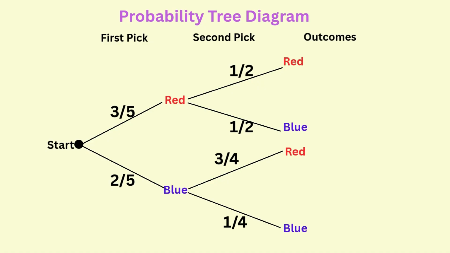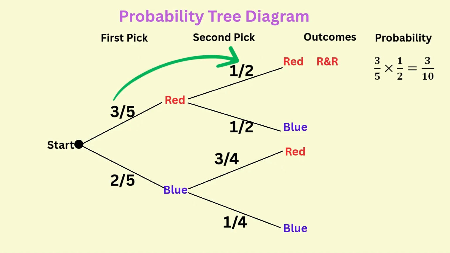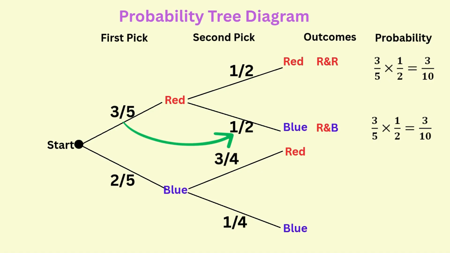So moving from the start, the probability of getting 2 red sweets is 3/5 times 1/2, which is 3/10. The probability of getting a red sweet and then a blue sweet is also 3/5 times 1/2, which is 3/10.